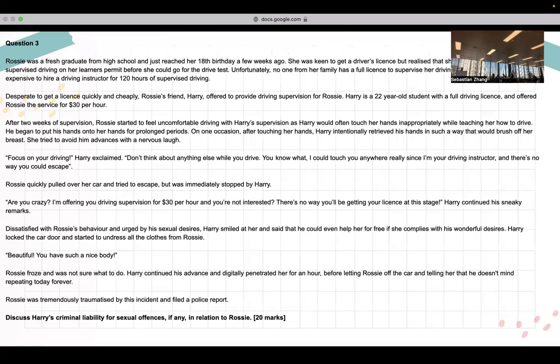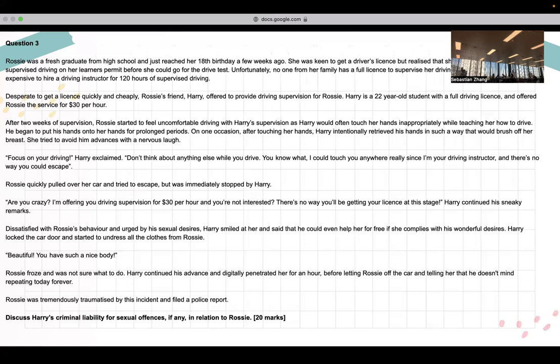And then you look at B, is there consent? So first of all, section 36(1) tells us consent is free agreement. And then look at factors in 36(2). Okay, so what are some of the factors in 36(2) that point against consent?